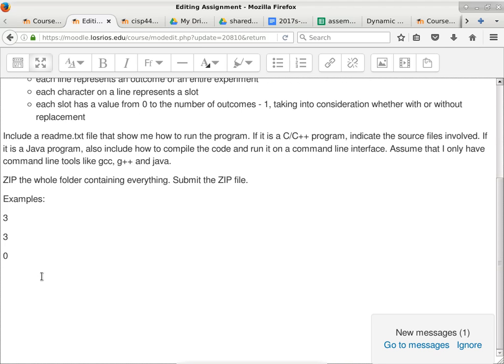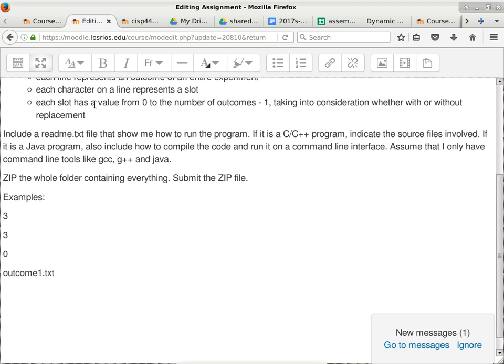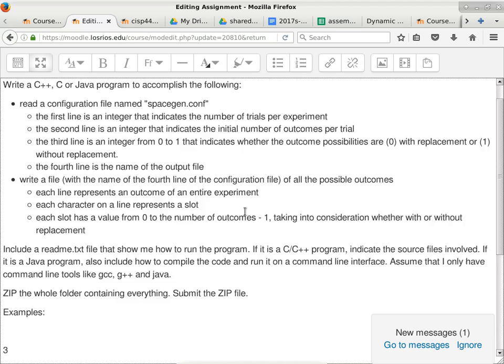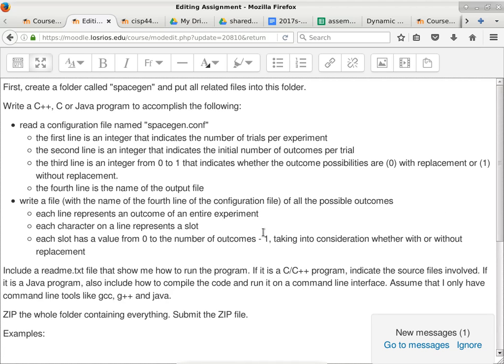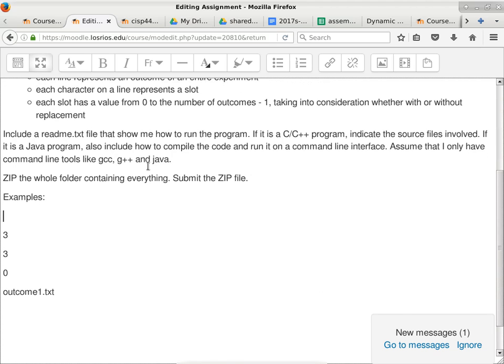So I'm going to call this outcome1.txt. So the following is the input of the configuration file, and the name of the configuration file is always spacegen.conf. Then the output of this program is going to be what?